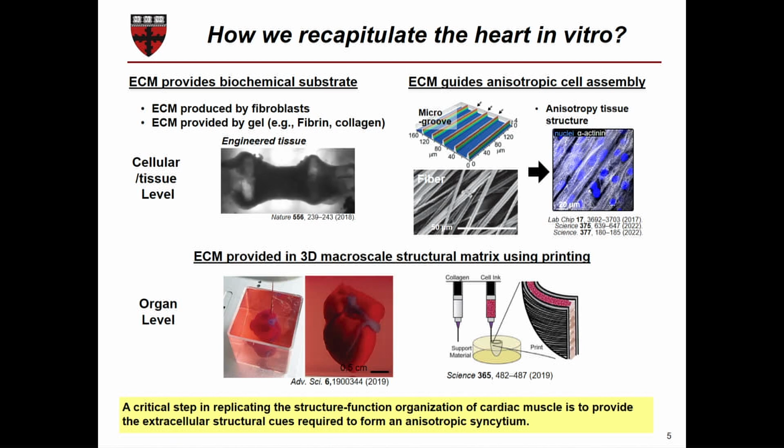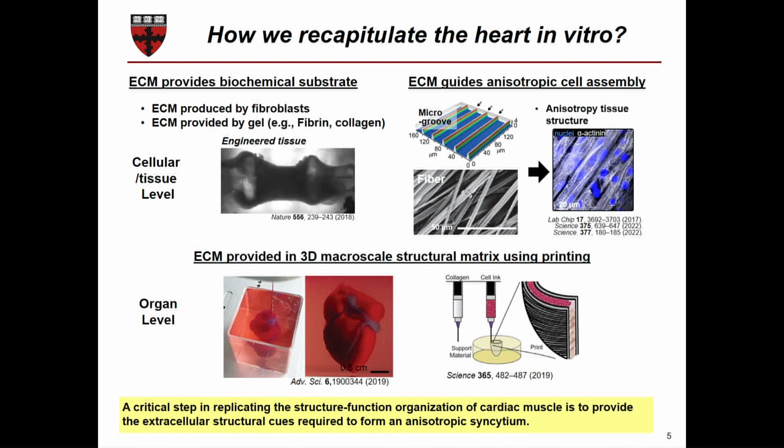One way is to culture the cardiomyocytes with fibroblasts and ECM materials, so that the fibroblasts secrete the ECM material to support structural integrity, and the cardiomyocytes themselves self-organize into this cardiac tissue model.